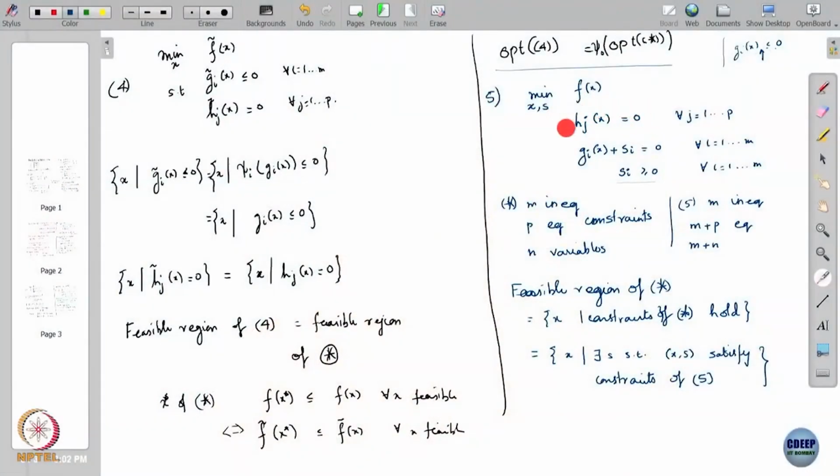Okay. Now, for those x's, wouldn't the constraints of star hold automatically? Because if x comma s satisfies the constraints of phi, of course, j of x would be equal to 0. All of these would be satisfied. J of x would be equal to 0, and here you would have that gi of x plus si equals 0, and si would be greater than or equal to 0.